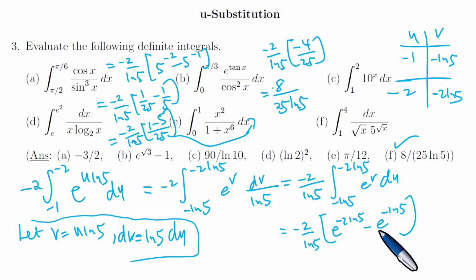Can you please explain the part where you converted the minus 2 ln 5 into 5 to the power of negative 2? Okay, yes.